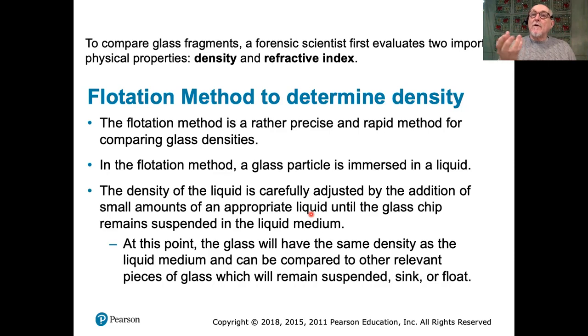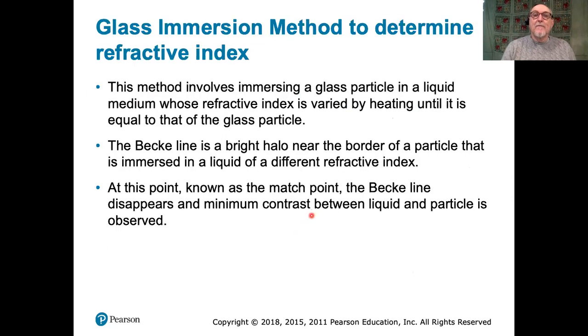We don't have to know the volume of our piece of glass, no matter how small it is. If it's just lifted and floating in equilibrium with the liquid, the density of the glass and the density of the liquid are the same. So that's the flotation method to determine density.